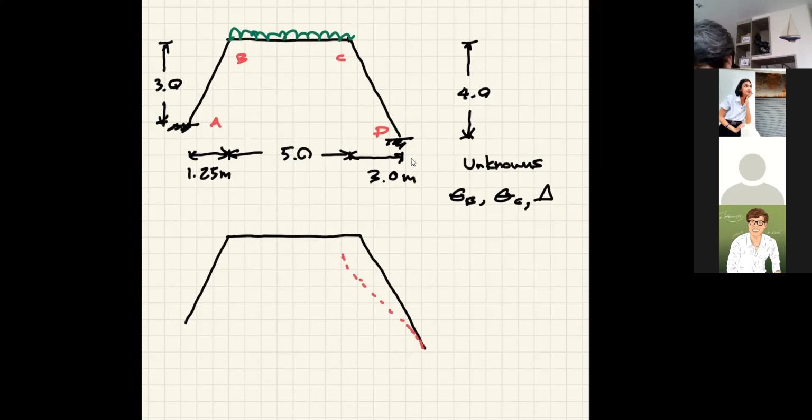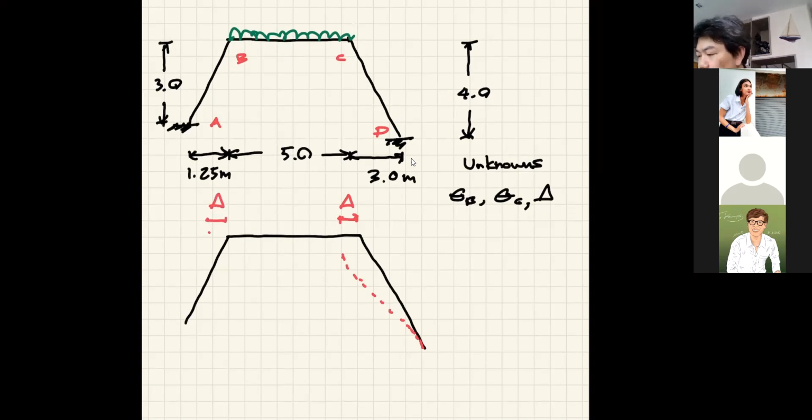And because of the assumption that we don't have any axial deformation, let's say this is delta. So this must move delta as well.